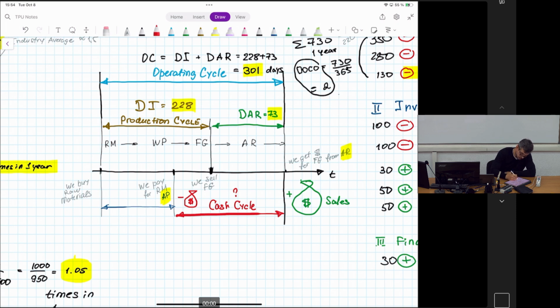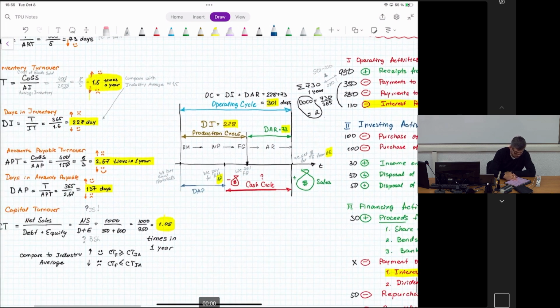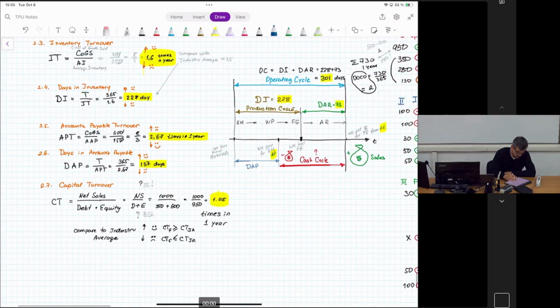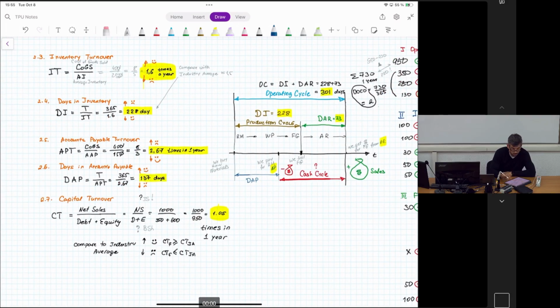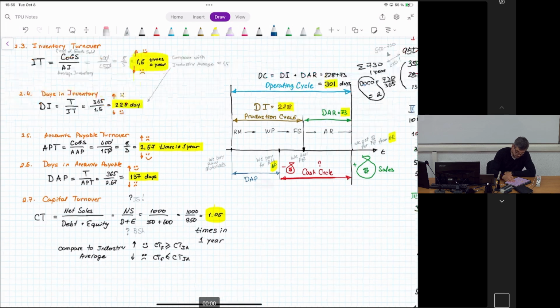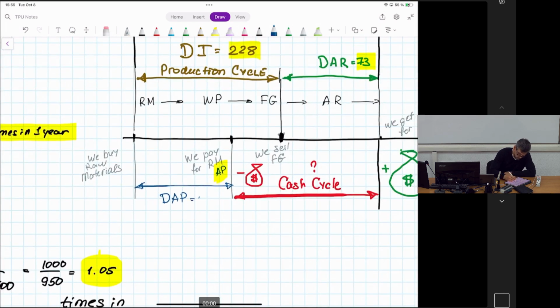So we need to know the DAP, days in accounts payable. But do we know it? It looks like we do, because days in accounts payable is the 2.6 ratio. So it's 137 days. 137, and I highlight this.